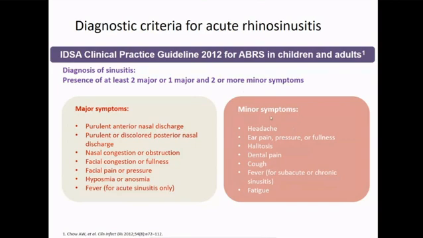This is minor symptoms, and this is major symptoms. Purulent nasal discharge, purulent discolored posterior nasal discharge, facial congestion. So if you got two here, or one here and two here, you can diagnose. Okay, this is used by the Infectious Disease Society of America.